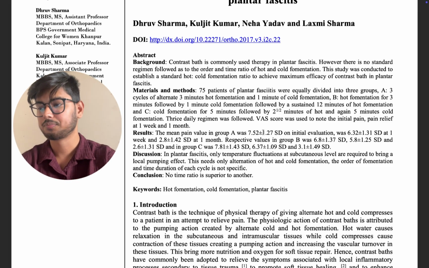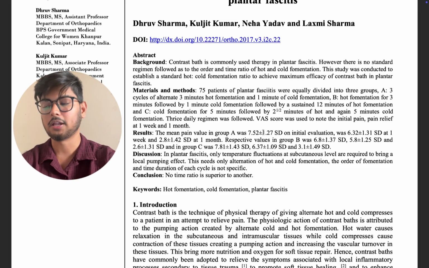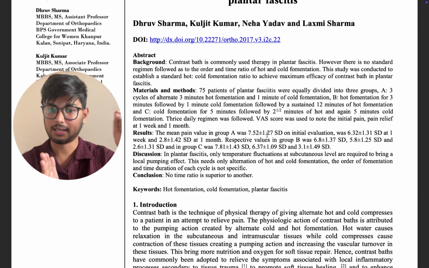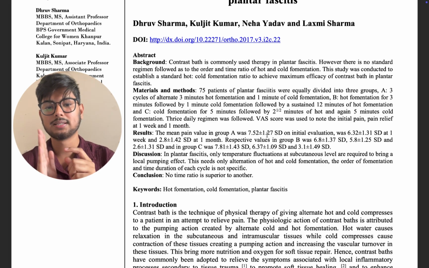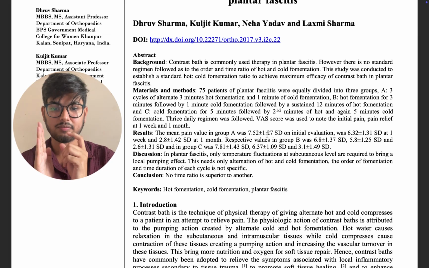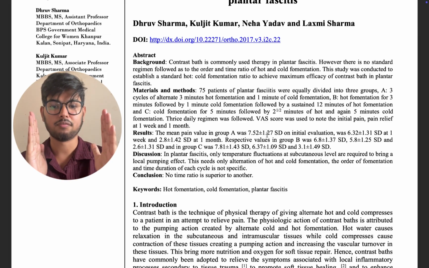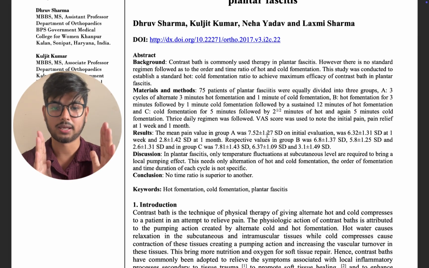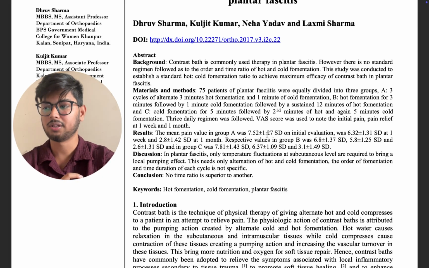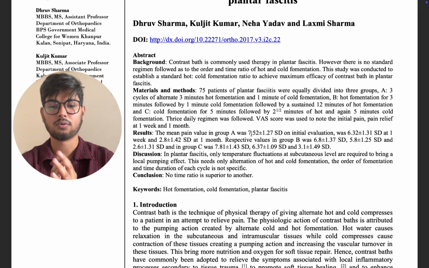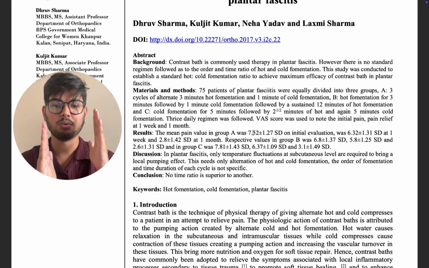Suppose the mean value is 7 and the standard deviation is plus minus 1. That means 7 plus 1 is 8 and 7 minus 1 is 6. So from 6 to 8 is the range of pain we got in group A. On the initial screening, the pain was from 6 to 8, not more than 8 and not below 6.